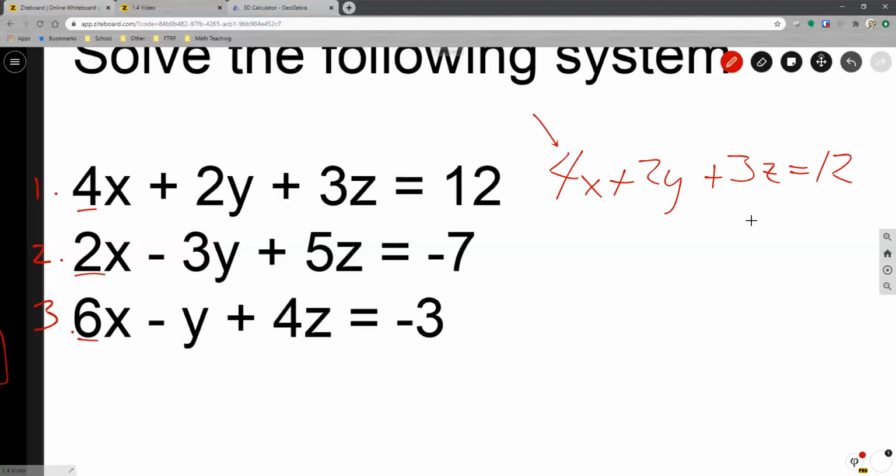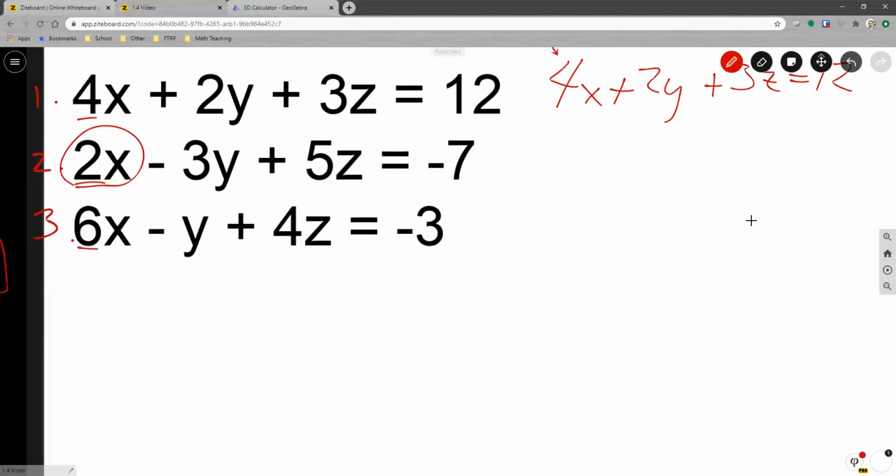I want to eliminate that 4x using the second equation, keeping this 2x here in mind. So what I'm going to do is I need to manipulate this second equation. I need to multiply it by something, so when I combine it, either using addition or subtraction, with the first equation, the x's eliminate each other.